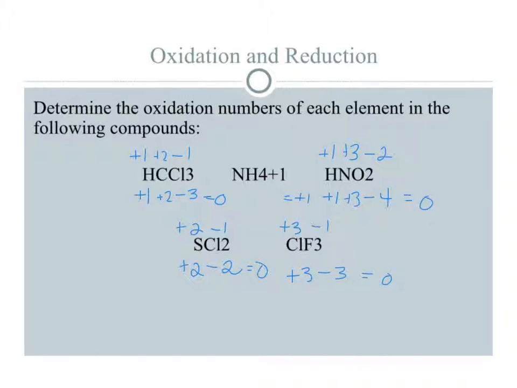My H is going to be plus 1, which is plus 4, which means that nitrogen is going to be negative 3. Okay.